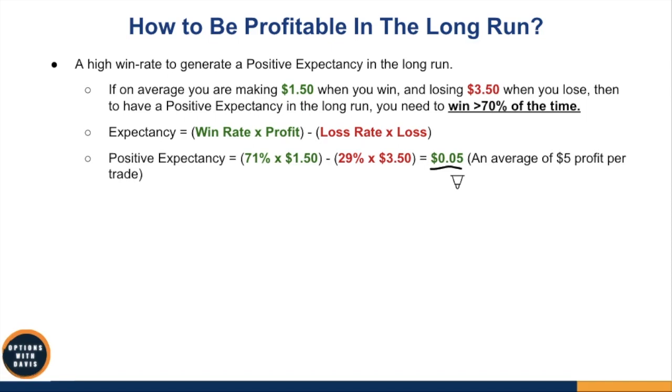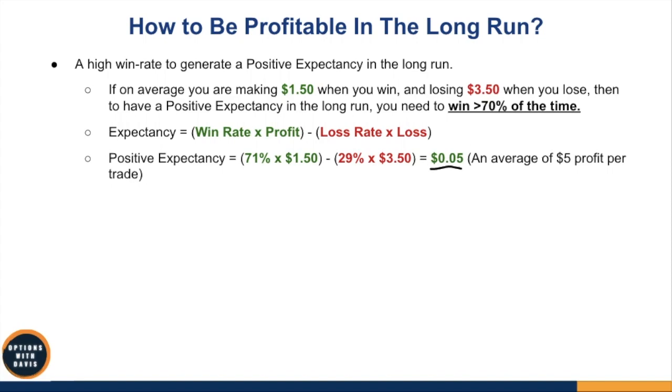So if you're going to have 100 trades, that's going to be $500. If you're going to have 1,000 trades, that's going to be $5,000. That's the beauty of positive expectancy. If you have a positive expectancy trading strategy, then you know that you just need more trades to make more money.